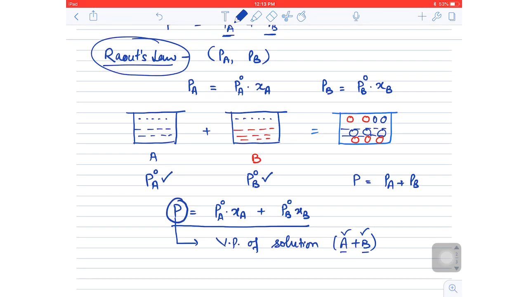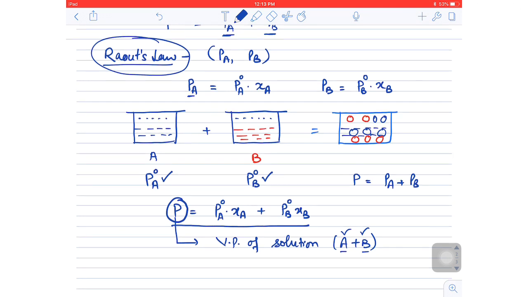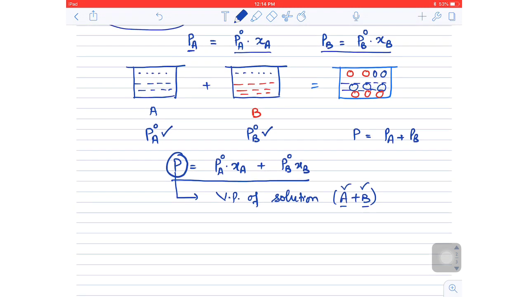According to Raoult's law, PA, the partial vapor pressure of component A, will be the product of the vapor pressure of the pure component and its mole fraction in the solution. Similarly, PB will be the product of the vapor pressure of the pure component before mixing and its mole fraction in the solution. So here we have liquid A and liquid B.